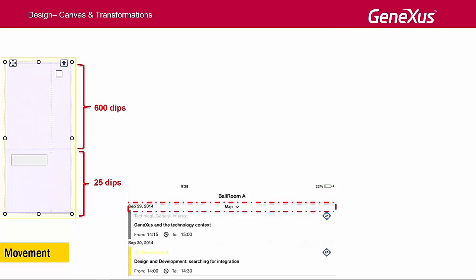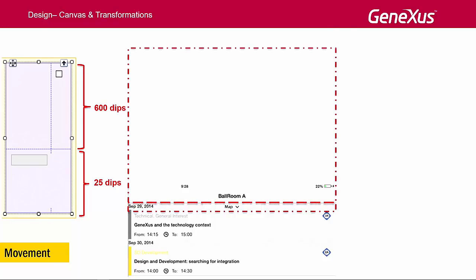When we invoke the object for the first time, why do we only see the expand map button at the top, as if the entire table had moved 600 dip upwards, leaving the image outside the layout space? In this blue line, we're indicating the canvas top position.